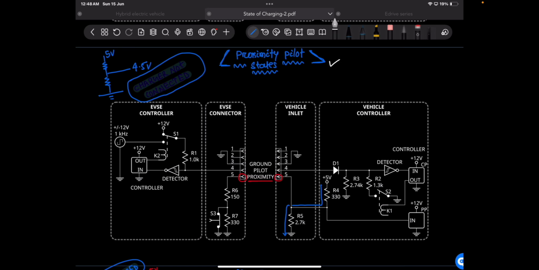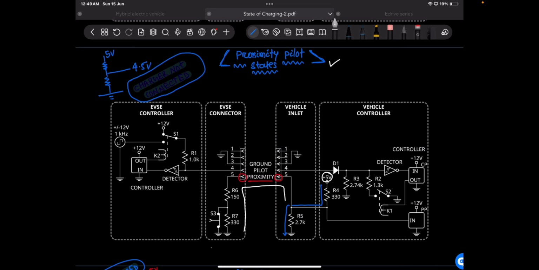If you see here, this is the entire circuit element present for the proximity pilot, and it receives a 5 volt supply. With this 5 volt, multiple resistors are connected, and through that it is able to determine a defined voltage, and based on those voltage levels it tells that the charger is connected to the electric vehicle.